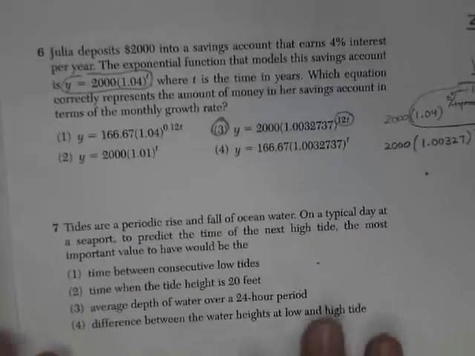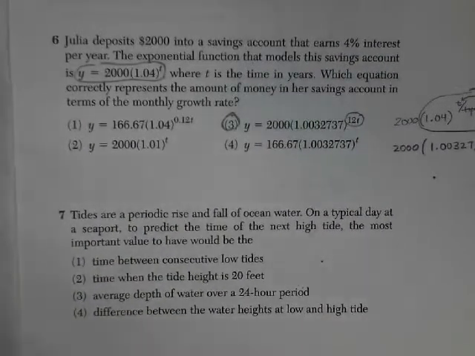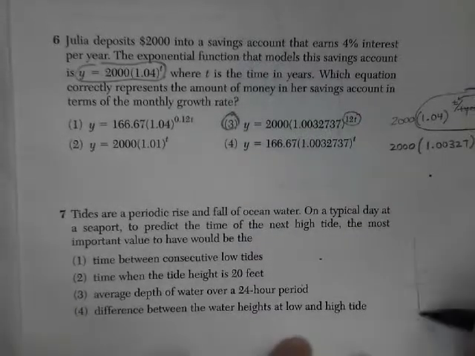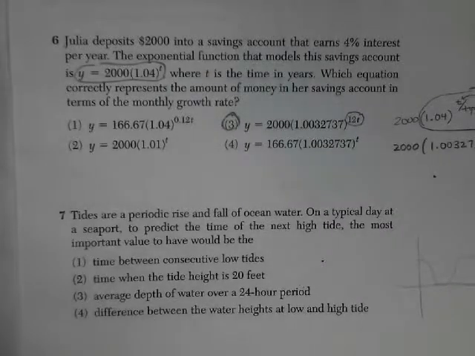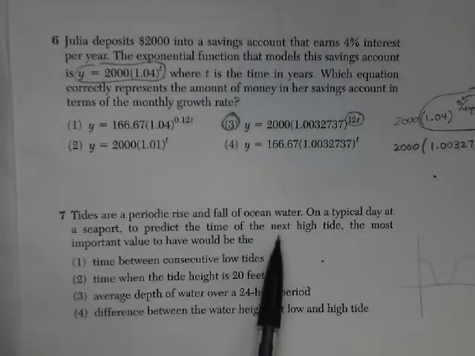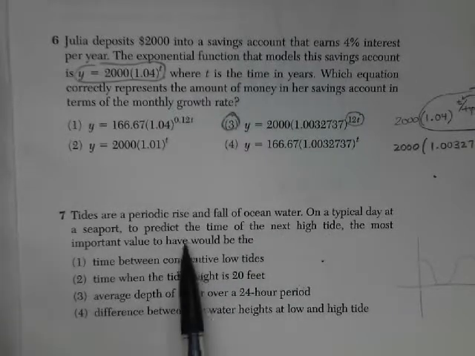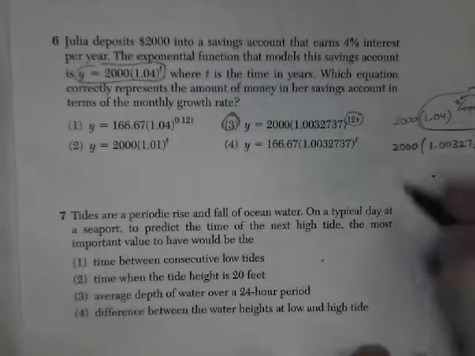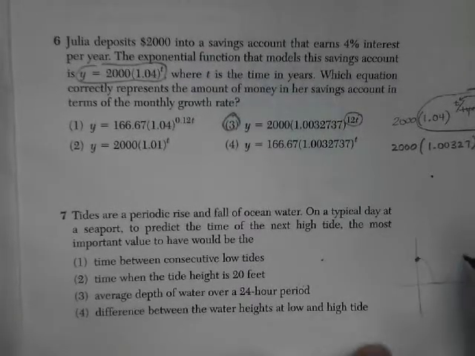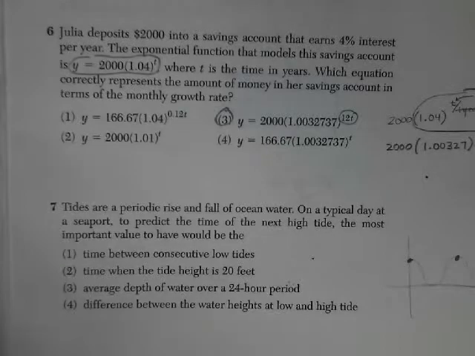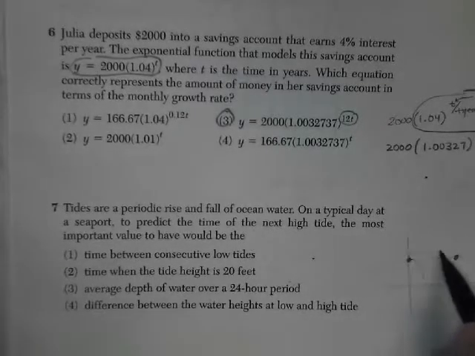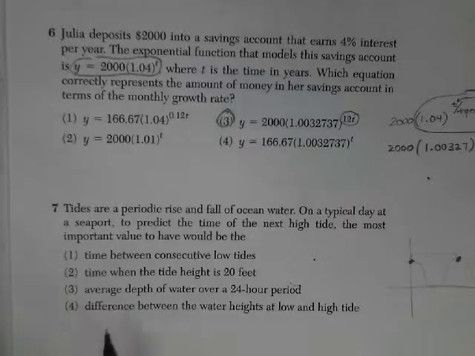Number 7 is, I see tides, I think trig. So tides are a periodic rise and fall of ocean water. So you know your tides go from high tide to low tide to high tide to low tide. On a typical day at a seaport, to predict the time of the next high tide, the most important value to have would be, to know when the next high tide would be, to know really what the period is, what the length of a cycle is.